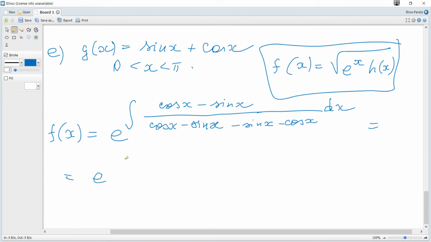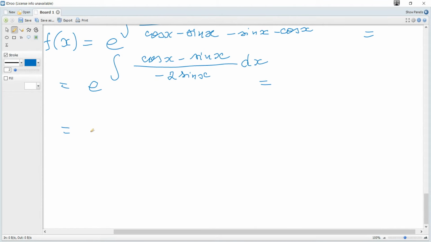And it becomes e to the power of the integral of cosine minus sine, and you can see that cosine minus cosine, and it becomes negative 2 sine of x dx.